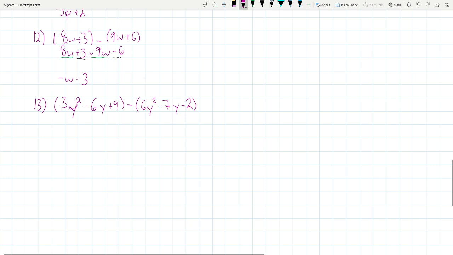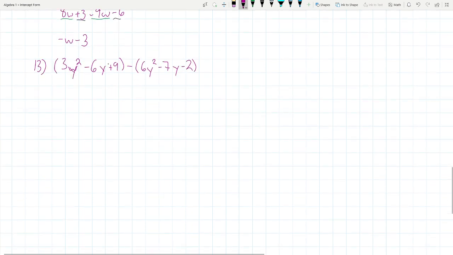And as we've seen before, that doesn't really add too much. So look to the left, nothing there. All right, so I have 3y squared minus 6y plus 9. This negative is changing the sign of everything that's happening. So I get negative 6y squared plus 7y plus 2.